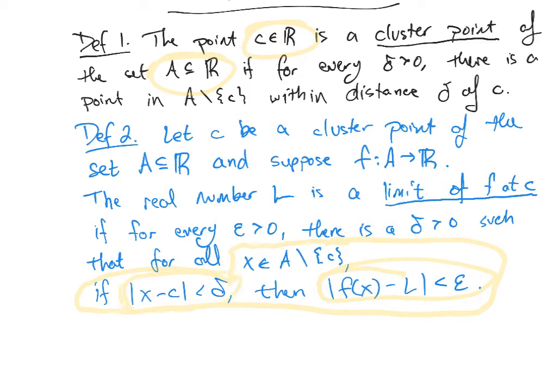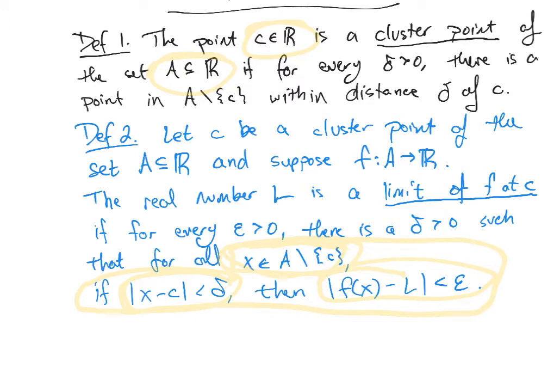How close we go to the point C. But we absolutely do not care what the function is at the point C. That's why we're not allowing x to be equal to C. So we don't care at all what the function is there. Any questions with the definition before we go on?